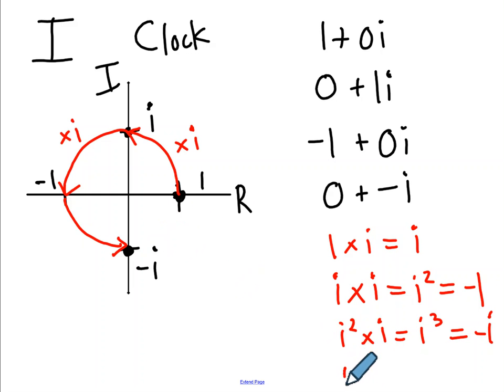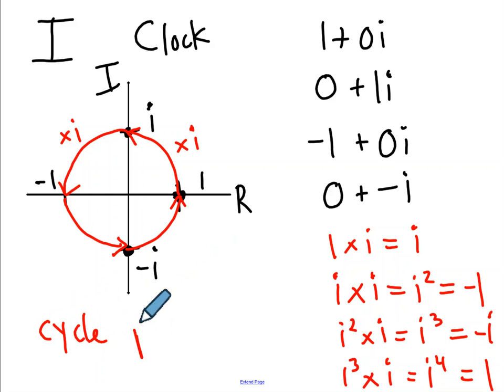Let's do it one last time. I cubed times I is I to the 4th, which is +1. And if I keep going in this pattern, it's called a cyclical or cycle pattern.